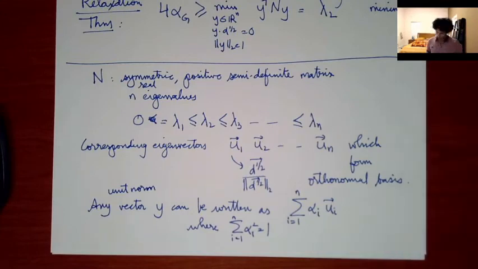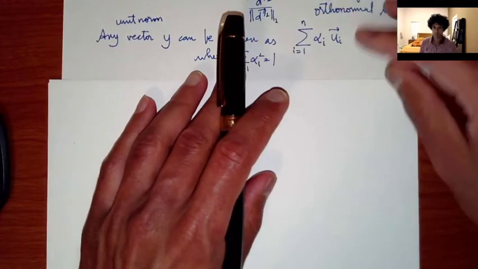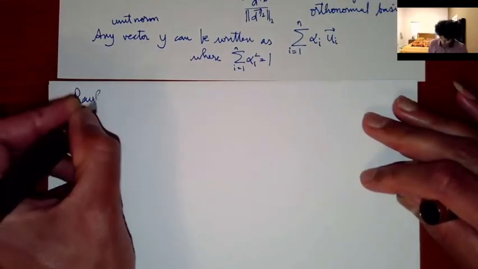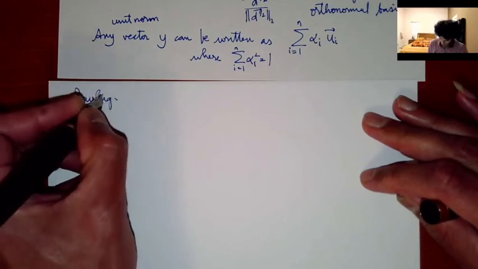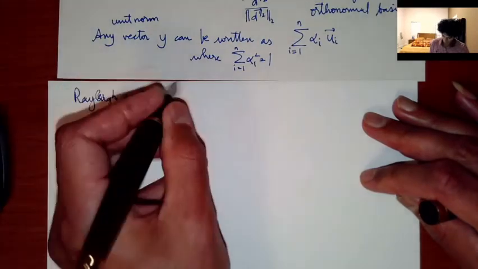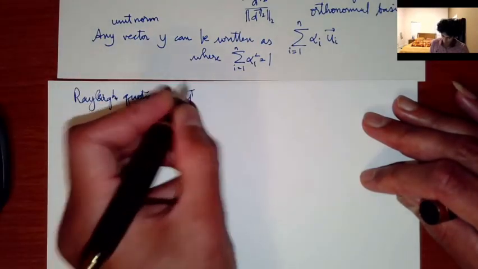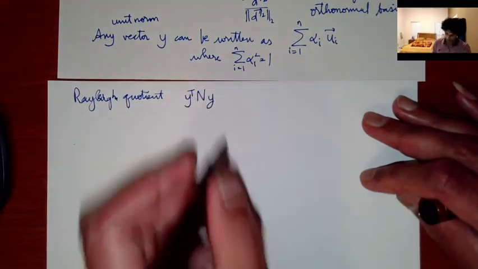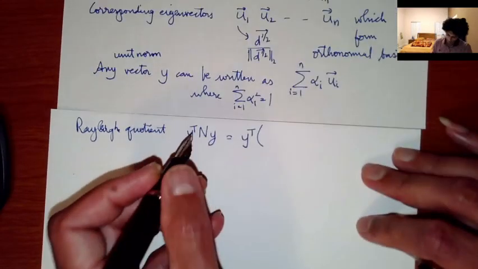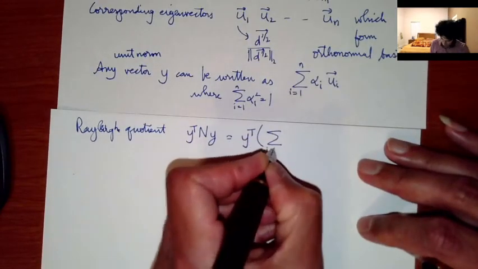What is the Rayleigh quotient? The Rayleigh quotient, which is y transpose n y, is essentially what n times y is in the eigenbasis. Well, that's very easy to determine.